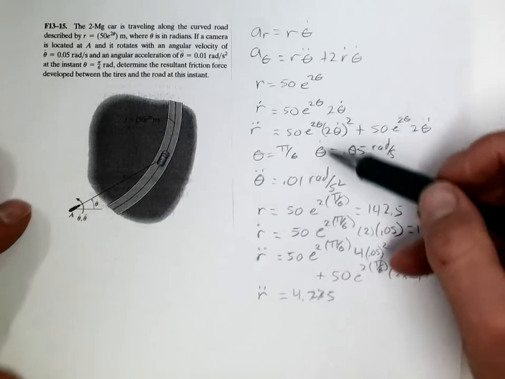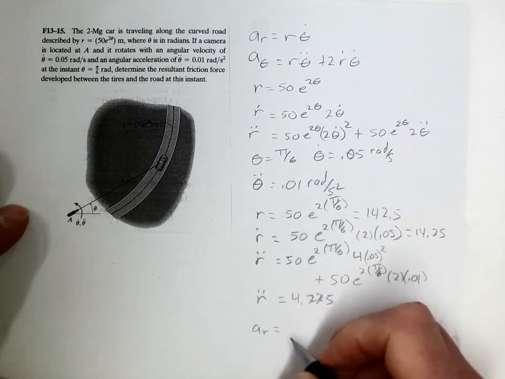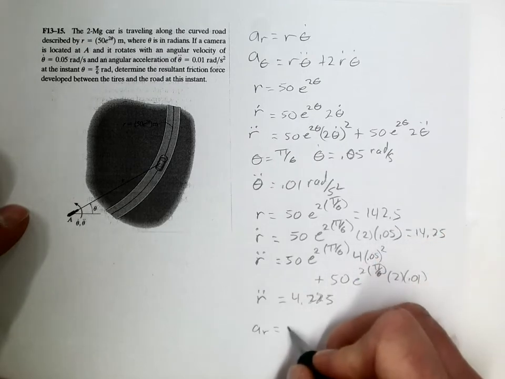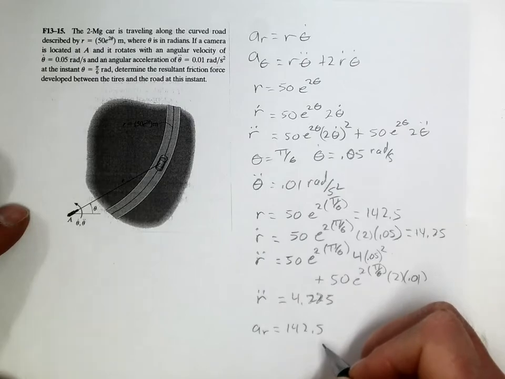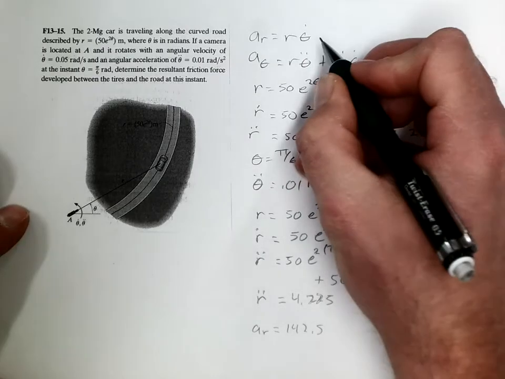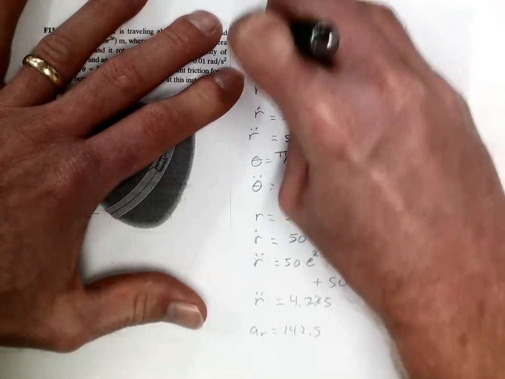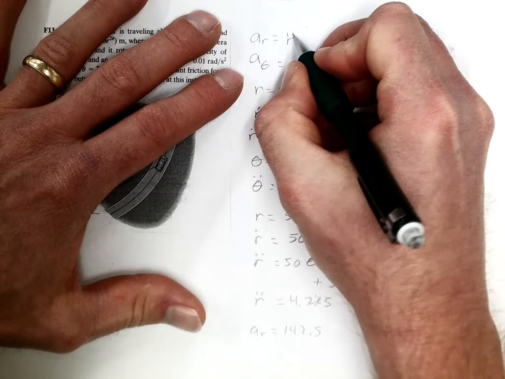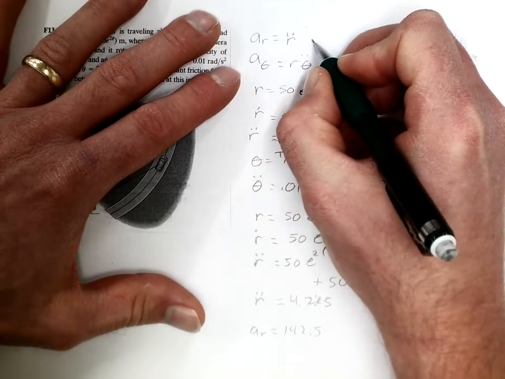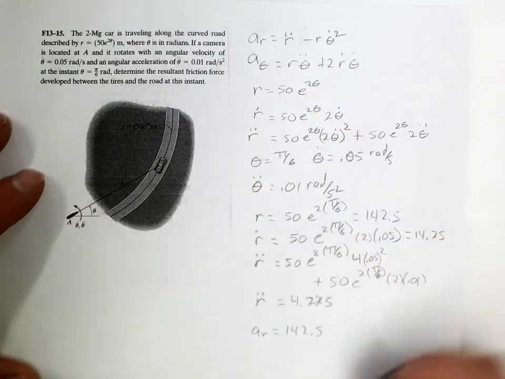Putting these values in, a_r is equal to r. Oh, this equation isn't quite right. That should be r double dot minus r theta dot squared. That's better.